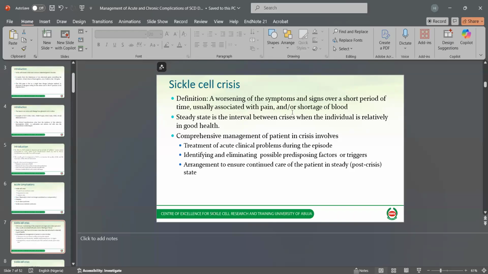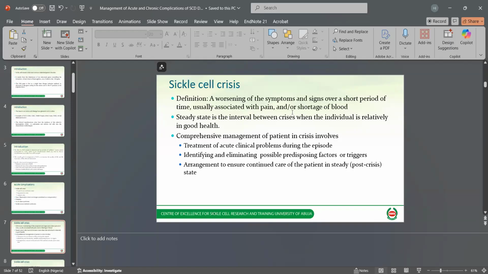The vaso-occlusive crisis gives us pain, wherever it is occurring. Sometimes we can actually have a combination of these happening at the same time.